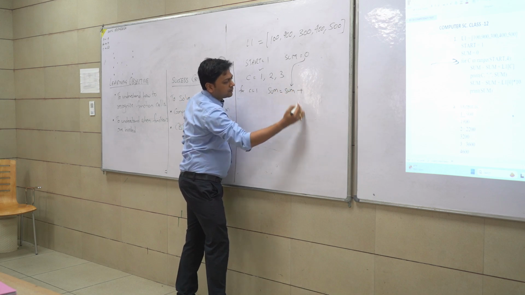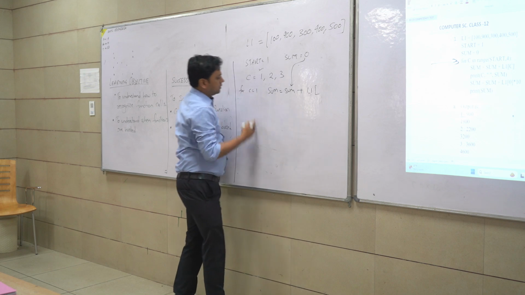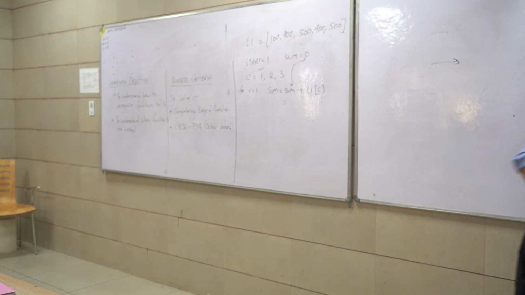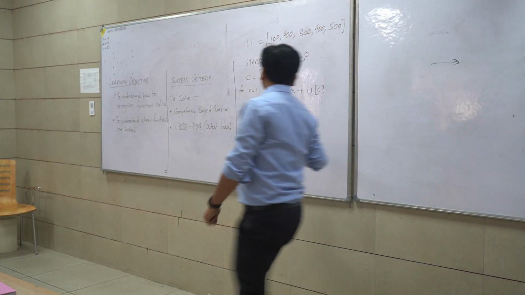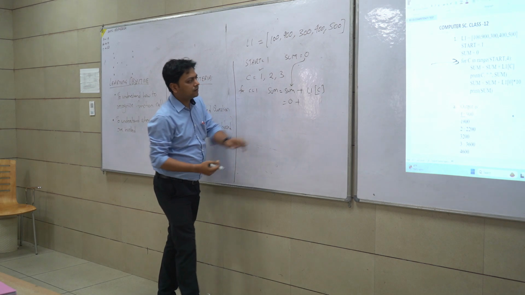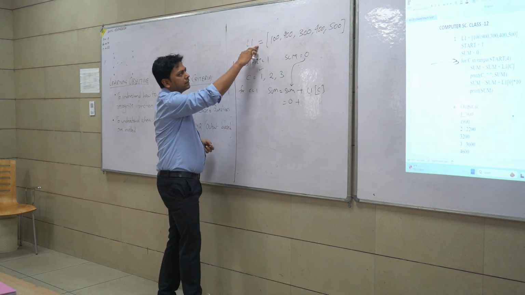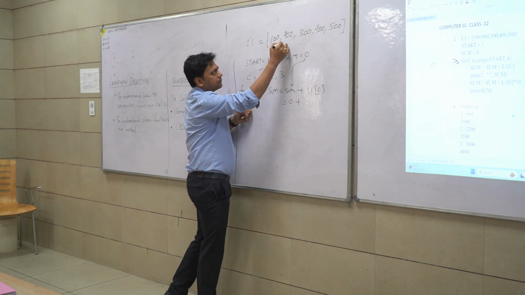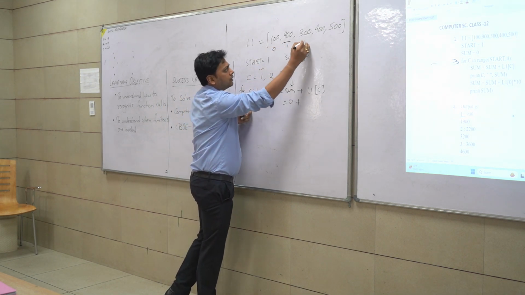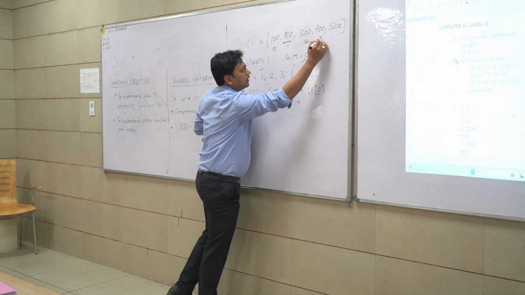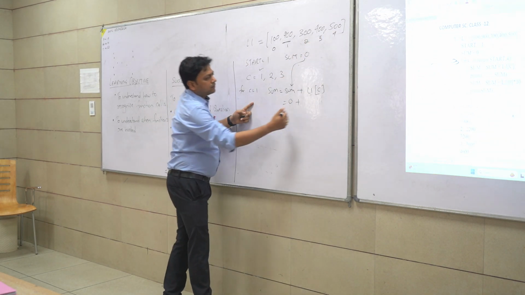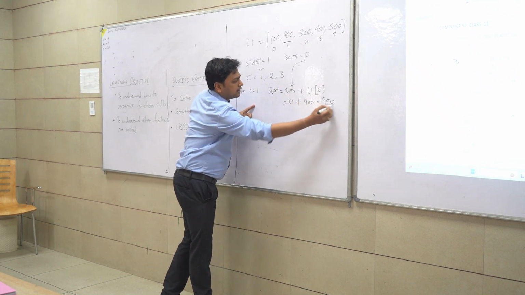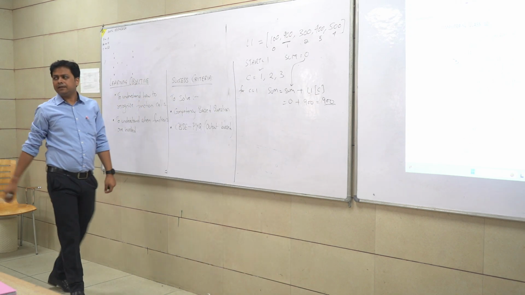So this is 0 plus L1 of C. C is index 1. What is it? 900. Index 0, index 1, index 2, index 3 and index 4. So what is the element out here? 900. 0 plus 900 is 900. Yes? Fine.